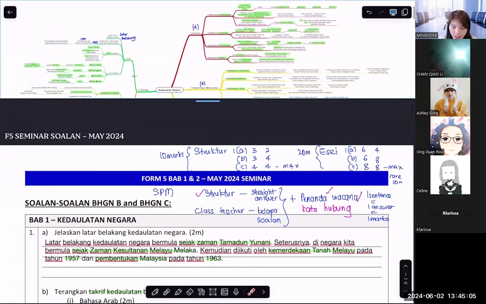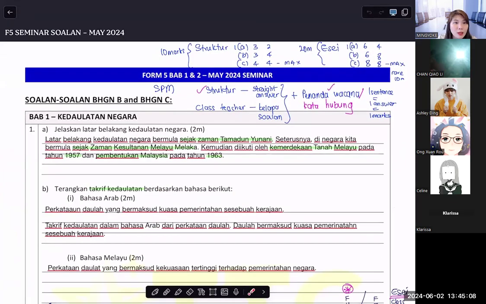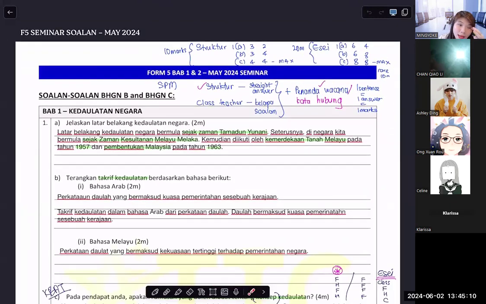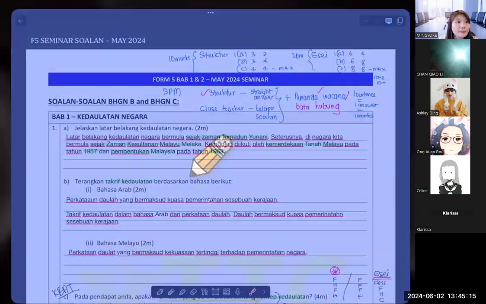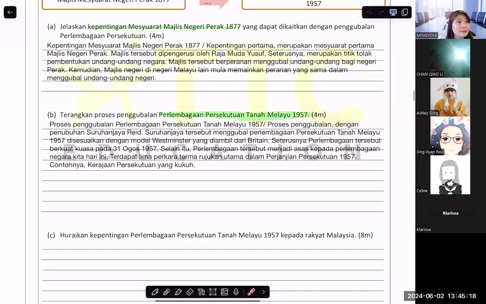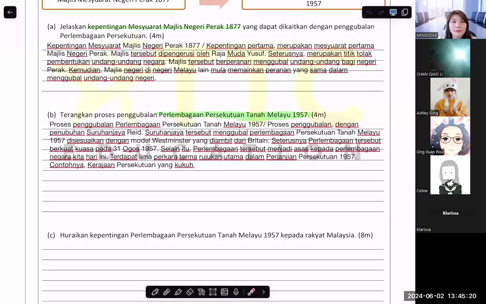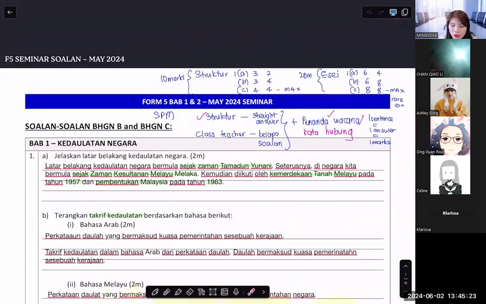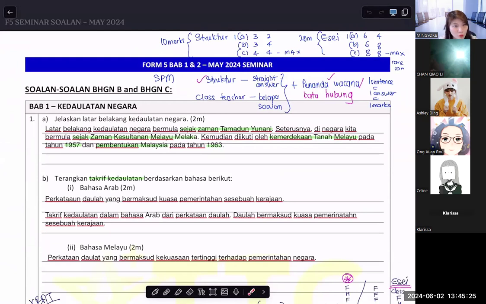Okay, first of all, you must know that your exam questions are divided into structural questions and essay questions, correct? You know, right? Yeah. Good. For your structure questions, each is divided into, for example, question 1A, B, C. Essay is also the same, 1A, B, C. But the difference is the marks.